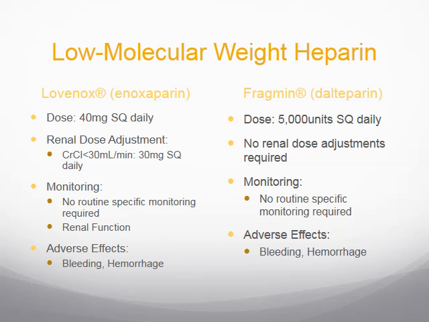Enoxaparin has been shown to be cheaper, but like I said, it just pretty much comes down to hospital protocol. You can also use protamine as an anecdotal agent for low molecular weight heparin. However, it does not work to as great of an effect as it does with the IV unfractionated heparin and the sub-Q unfractionated heparin as well.